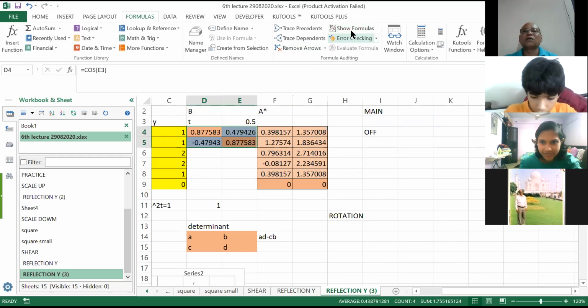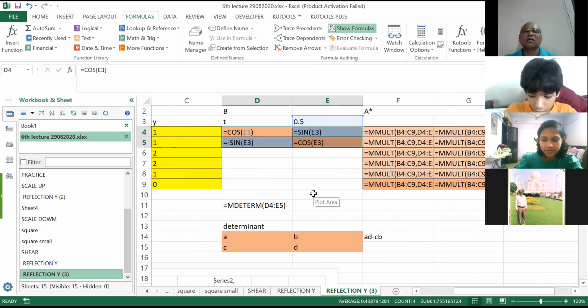So I'm repeating it. You see that this E3 cell is 0.5. This is the angle. With that angle, I am rotating all these points, and for that I have put these formulas cos, sine, and minus sine. Now you can see the determinant.